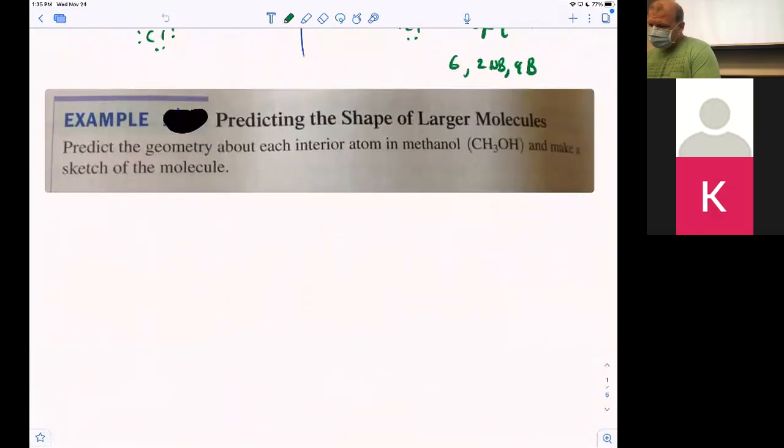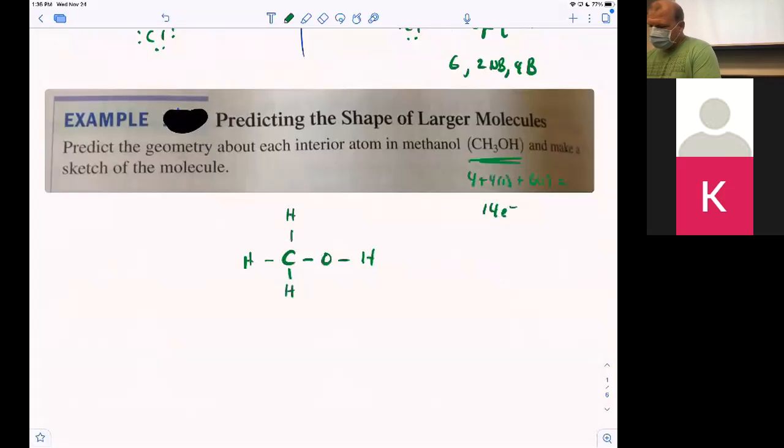So sketch methanol and talk about the geometry of each interior atom. It's already kind of listed the structure. It's giving you a hint. If you count the number of electrons, carbon has 4 plus 4 hydrogens plus 6 for oxygen, and that's 14 electrons.